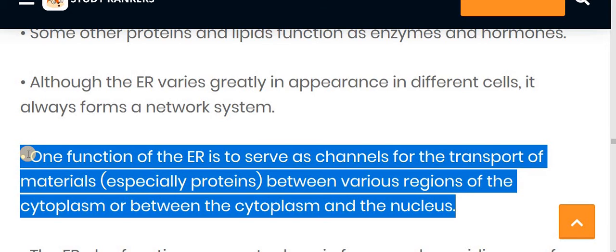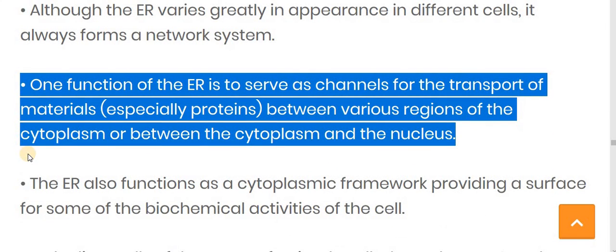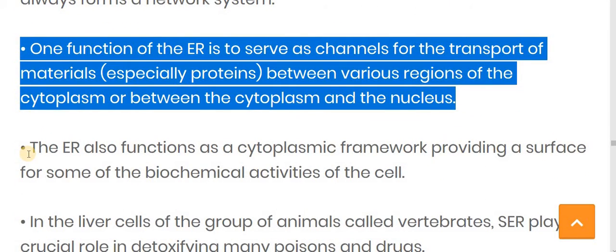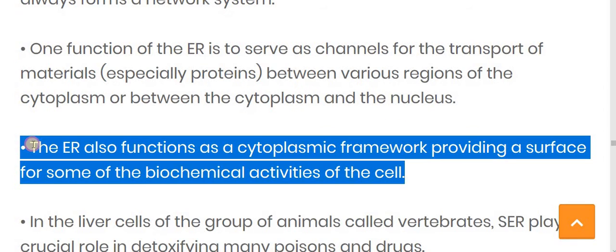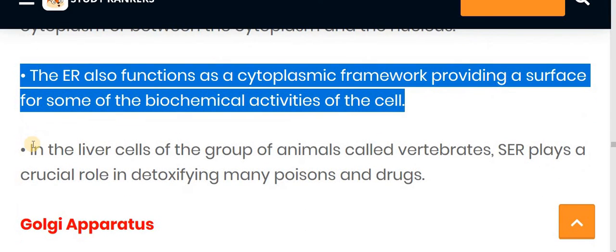One function of the ER is to serve as a channel for the transportation of material, especially protein synthesized by the ribosomes, between various regions of the cytoplasm or between the cytoplasm and the nucleus. The ER also functions as a cytoplasmic framework which provides a surface for some of the biochemical reactions, meaning the chemical activities of the cell.